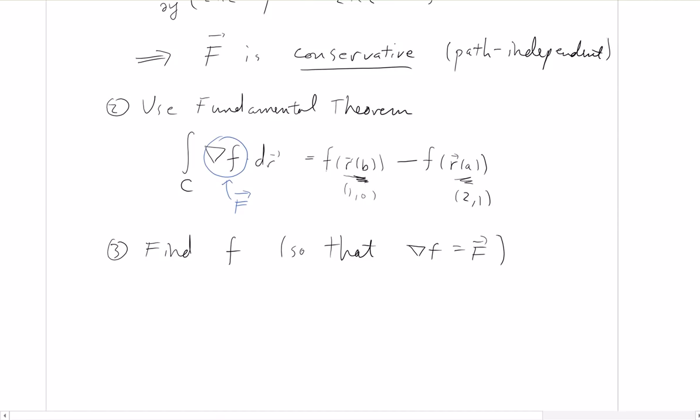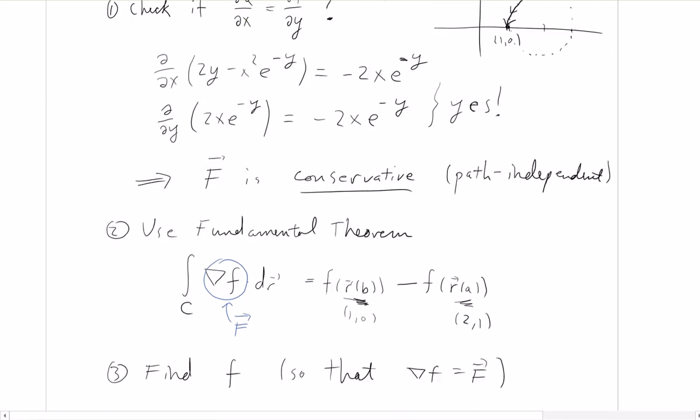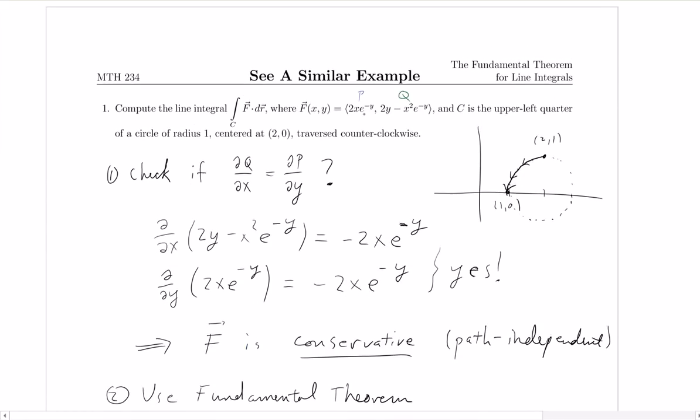So remember what the gradient means. The gradient of a function is just its partial derivatives in a vector. So, if big F is going to be the gradient of little f, then P better be the x derivative of little f, and Q better be the y derivative of little f.